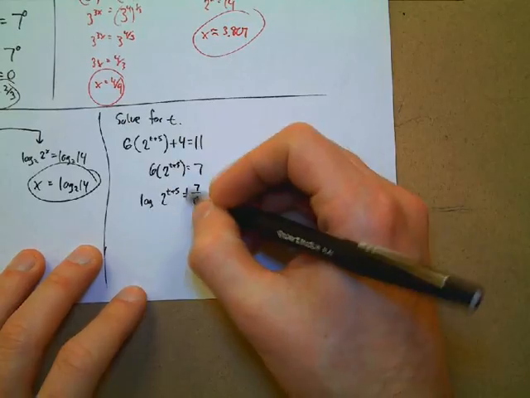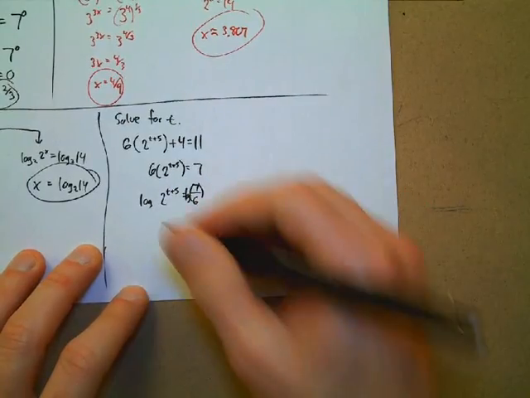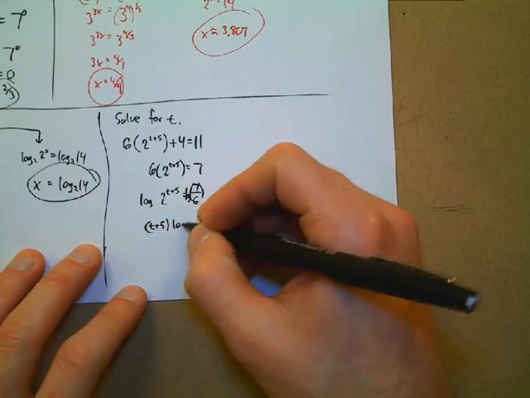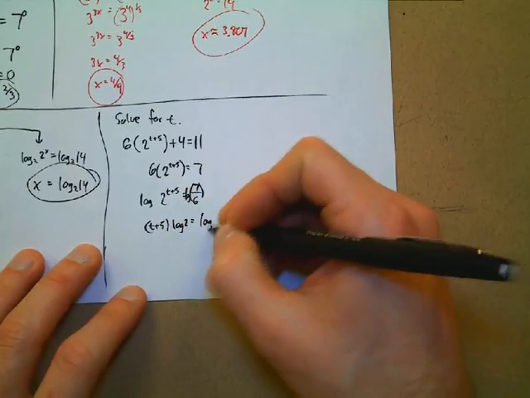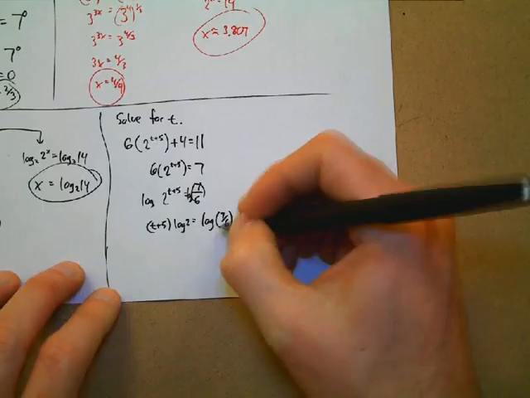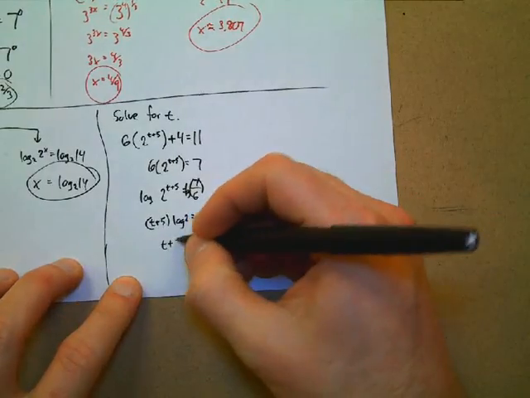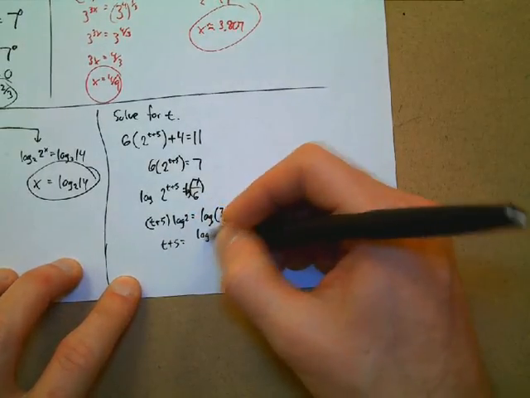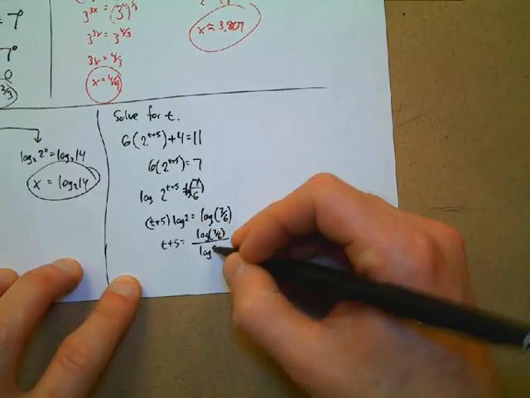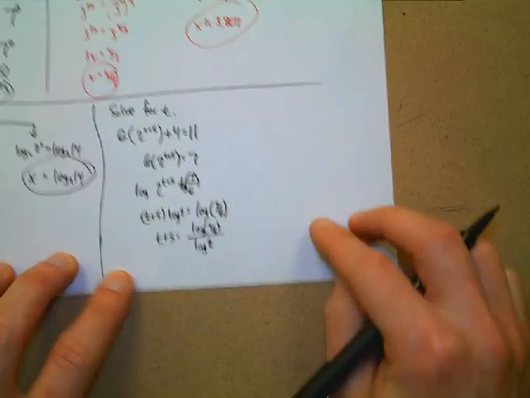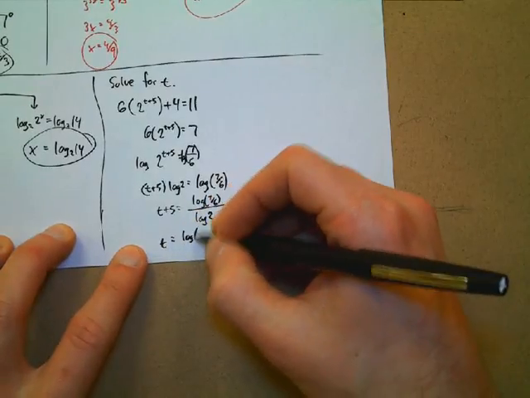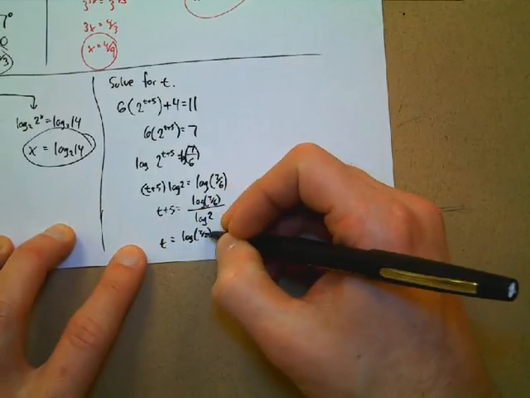And divide by log of 2. Then we'll subtract 5 from both sides. So now we have a precise value: the value of t is log of 7/6 over log 2 minus 5.